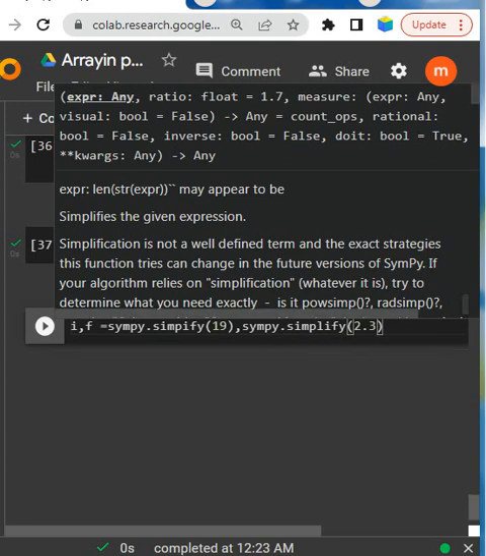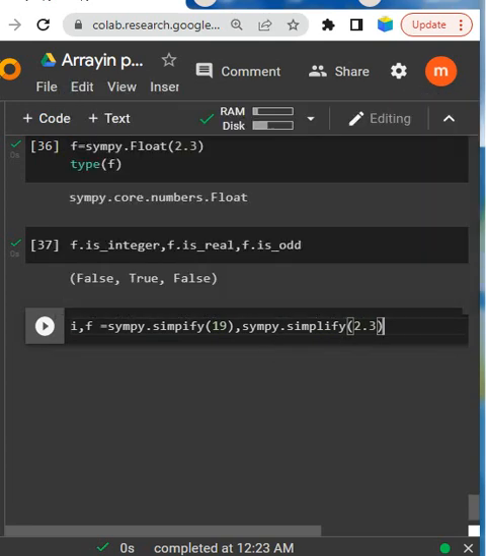And now I want to know the type of i, and comma, type of f.